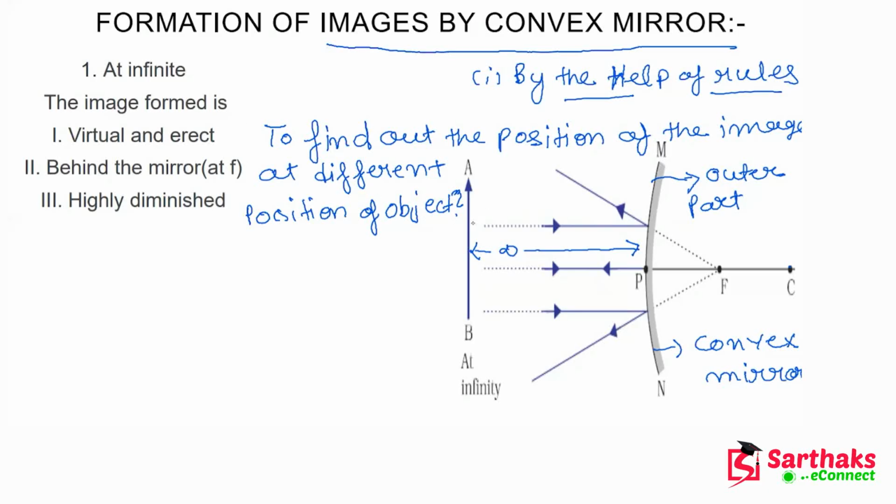Now guys, let's talk about the position. To find out the position of the image, we have to draw the ray diagram. Let's suppose this is our object, and this is a ray coming parallel to this principal axis.